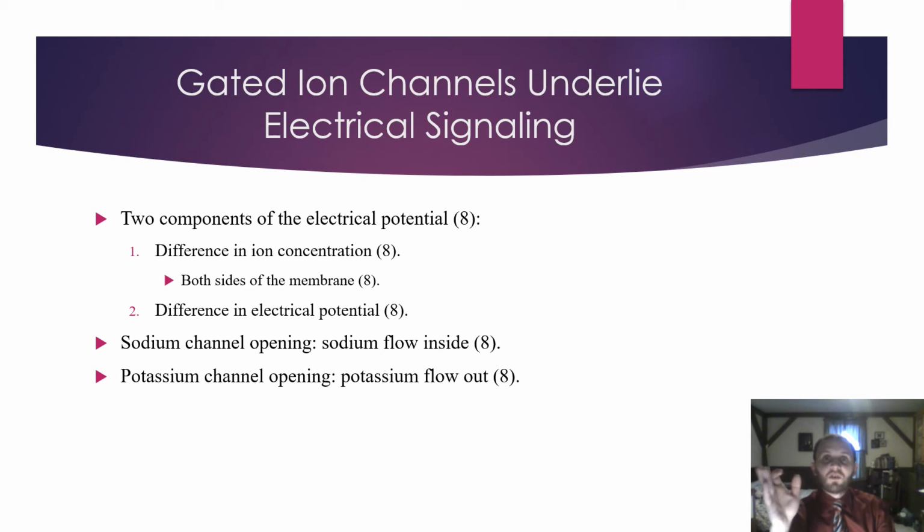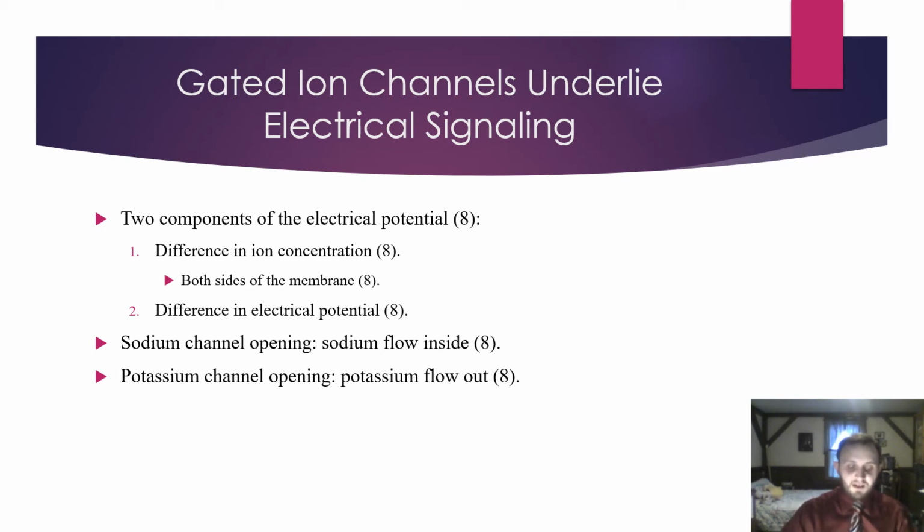Opening of a sodium or calcium channel will result in a spontaneous inward flow of sodium or calcium, which causes depolarization. Whereas opening the potassium channel will result in spontaneous outward flow of potassium, which causes hyperpolarization. Such effects are important for the electrical signal to flow.